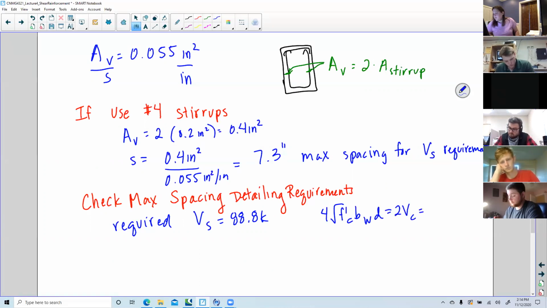Vc was like 51, so 102. So we need less than that. So we get to use that top equation.